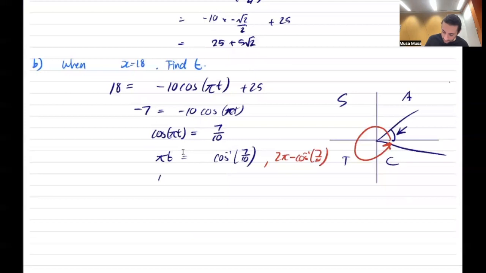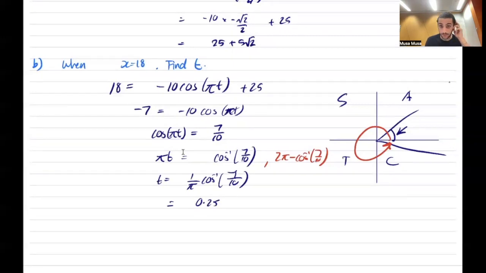And then, of course, dividing by pi, this gives me a number: 1 on pi cos inverse 7 on 10 is 0.25.